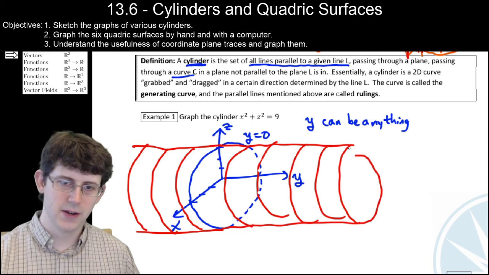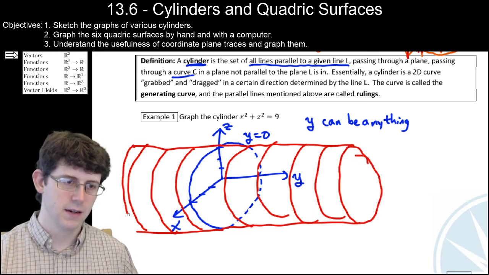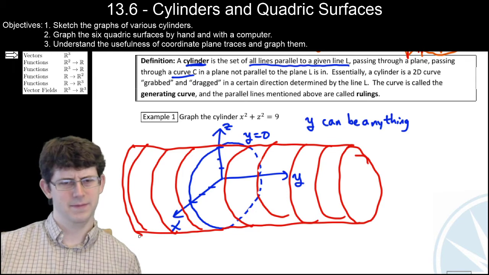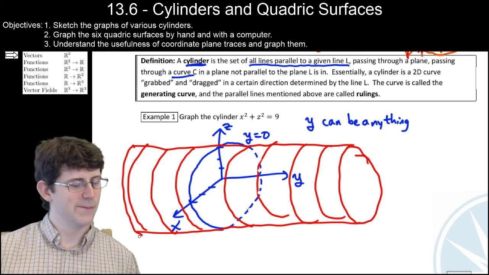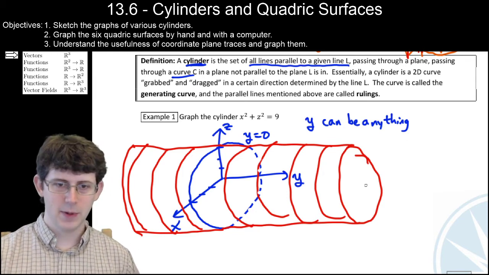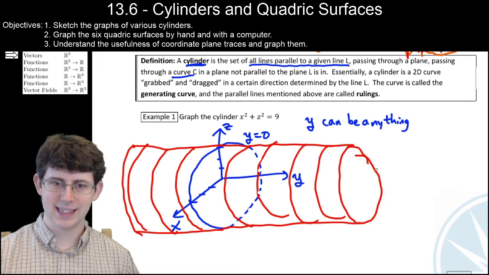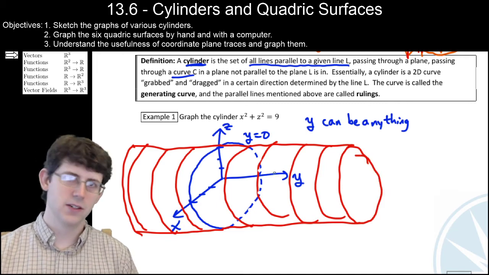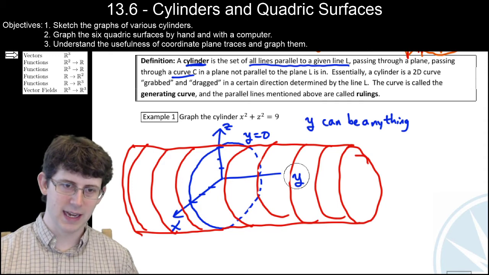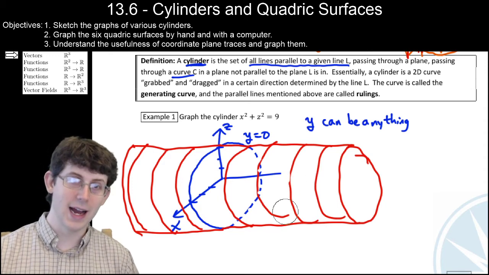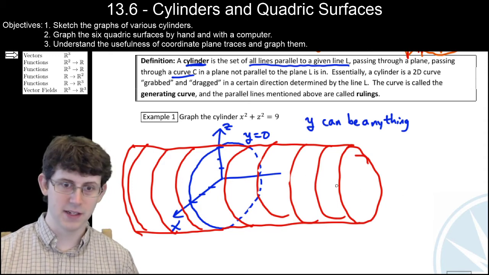So this one also ended up being a circular cylinder. I think probably the best way to show that something has an inside and an outside is to draw a line that is coming out of the middle of it. In this case, the y-axis just shoots out of the cylinder.